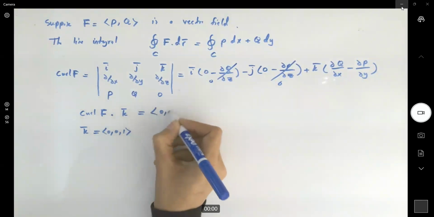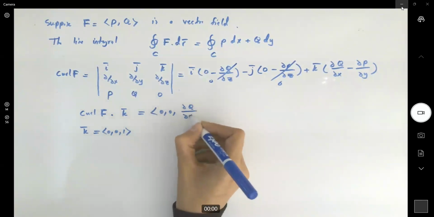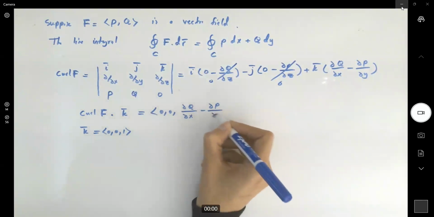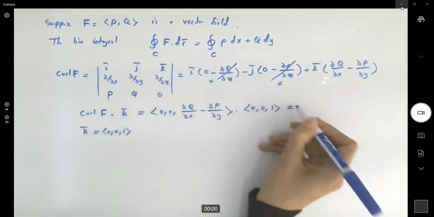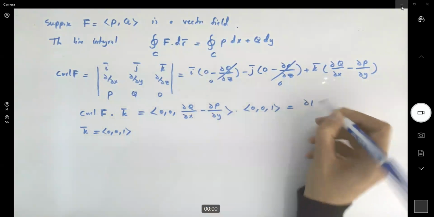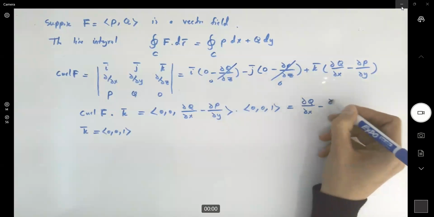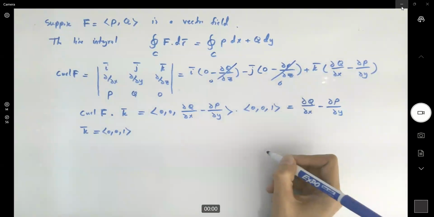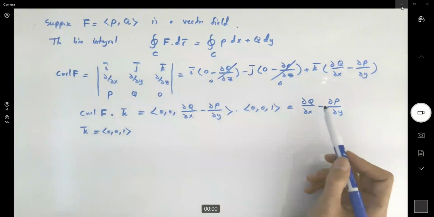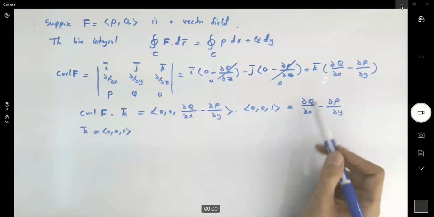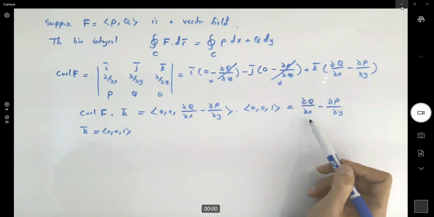It gives us 0, 0, and partial derivative of Q with respect to X minus partial derivative of P with respect to Y, dot product 0, 0, 1, which gives us the last component, partial derivative of Q with respect to X minus partial derivative of P with respect to Y. So curl of F dot K gives us the difference between the partial derivatives.